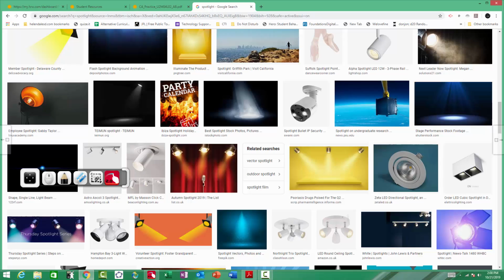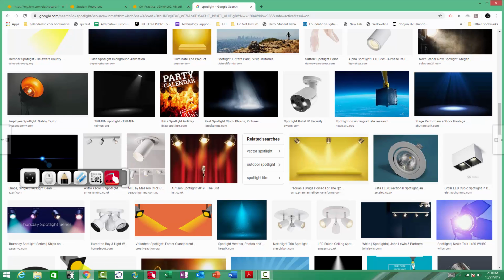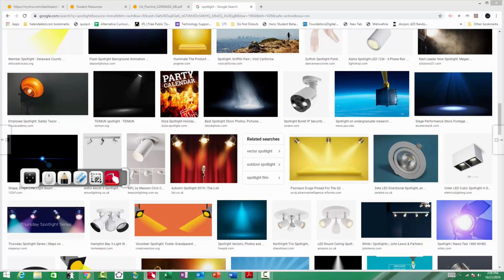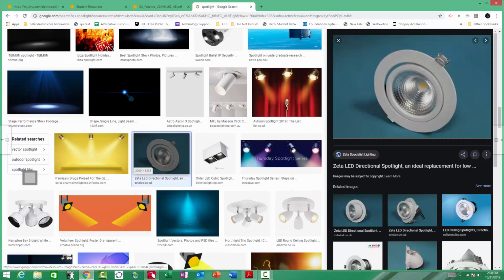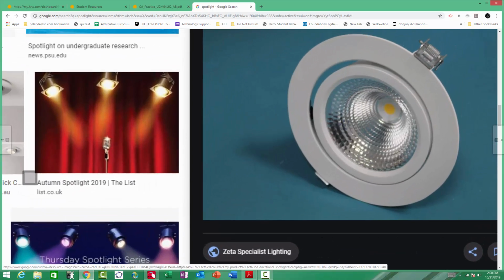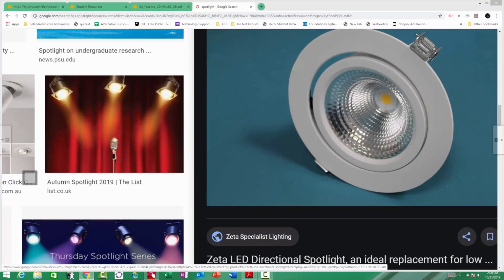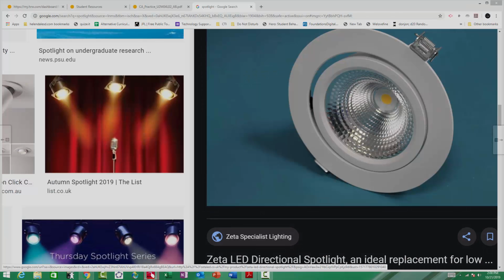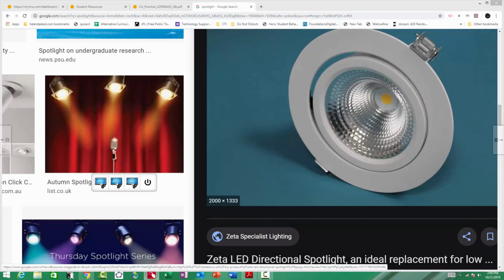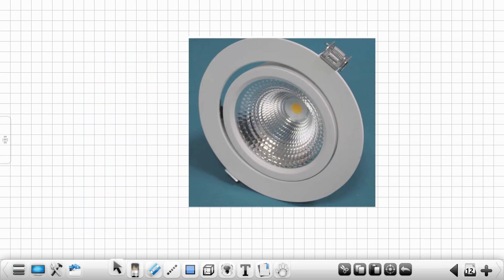I think I'll go with this one. Or actually, no, that one's good. I like that one. Who wants lavender? That is an entire spotlight, Sione. They haven't put it in.